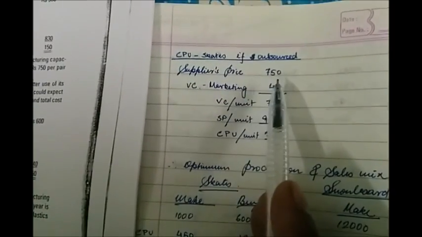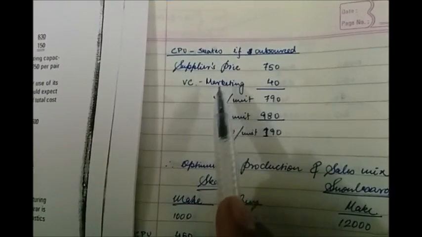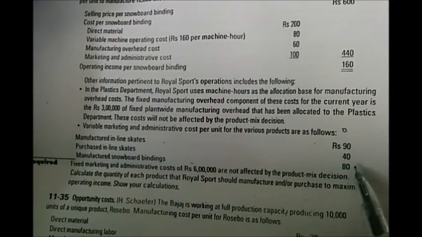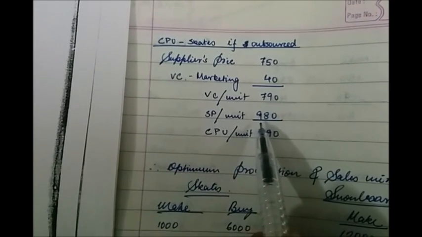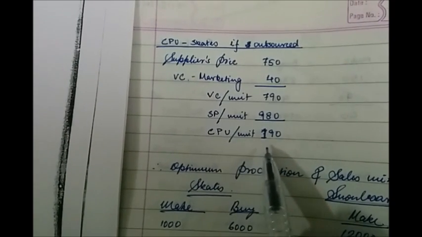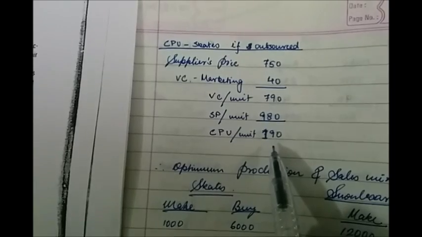The supplier's price is 750. The variable marketing cost is 40, which has been given here for the purchased one. So the total variable cost comes to 790. Selling price is the same as the manufactured ones, 980. The contribution comes to 190, right?